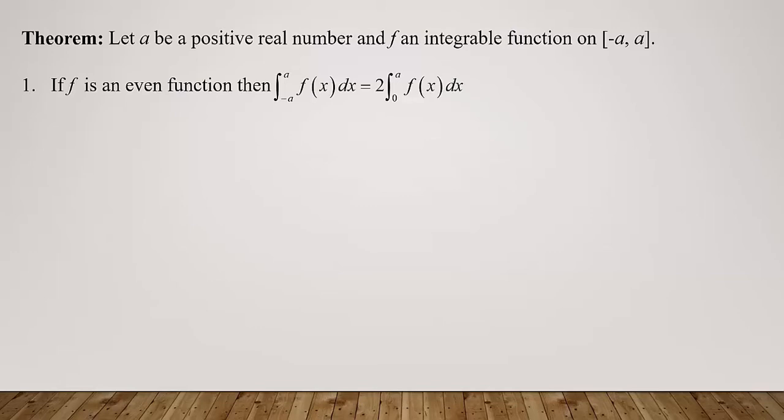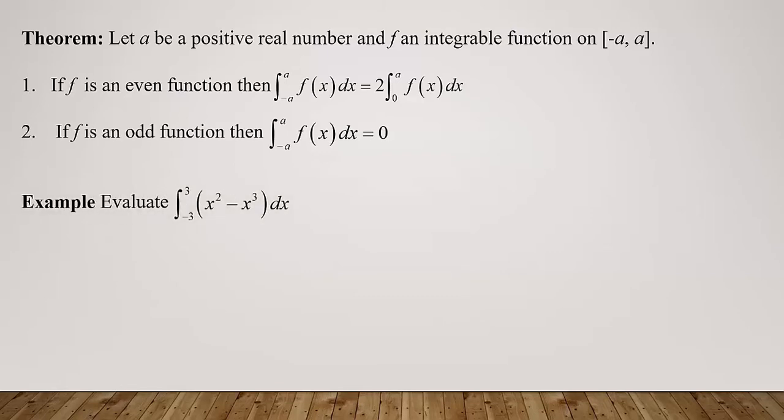And sometimes that's a nice thing to do with an even function because sometimes it's nice to have 0 as one of your limits of integration. Likewise, if f is an odd function, then the integral from negative a to a of f of x dx is 0.